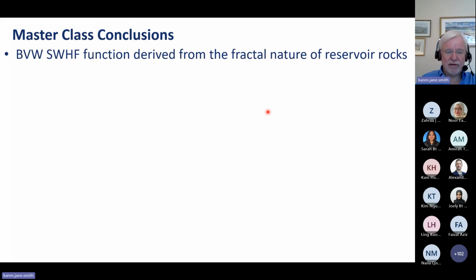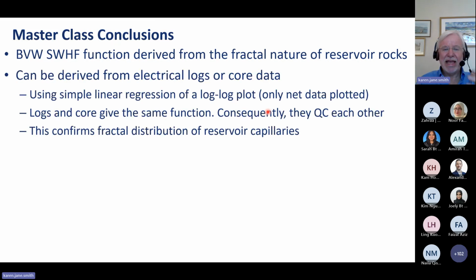We have derived a BVW function from the fractal nature of the reservoir rocks. It can be derived either from the electrical logs or from core data by simple linear regression in log-log space. The logs and the core will give you the same function, and this has been shown and is very useful because this is a QC of both.